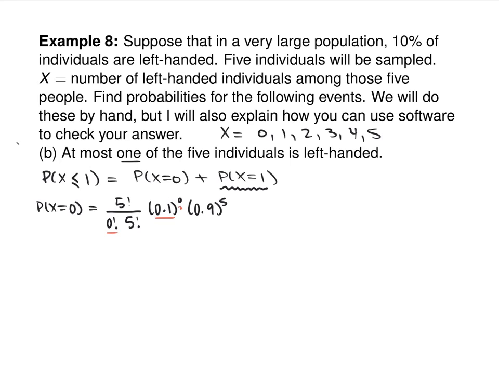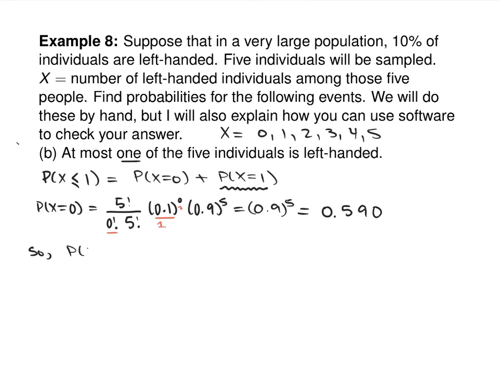Something to the 0 power is also equal to 1. So this ends up giving us 0.9 to the 5th power. And that should make sense, because if you have no lefties, that's probability of having a righty, a righty, a righty, a righty, and a righty, each with corresponding probability 0.9. So this comes out to be approximately 0.590.